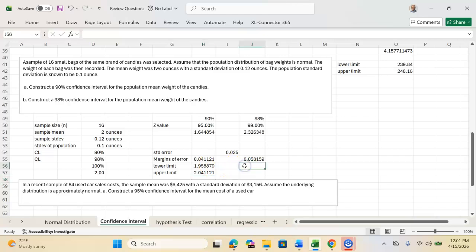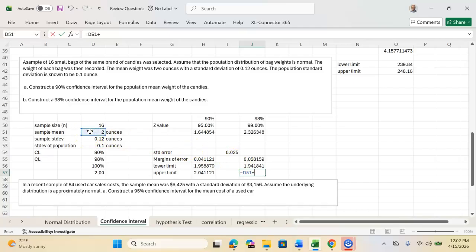Let's find the lower limit for 98. So I'm going to put equal sign, click on the sample mean minus margins of error when we consider 98% and enter. Just put equal sign, click on the sample mean.